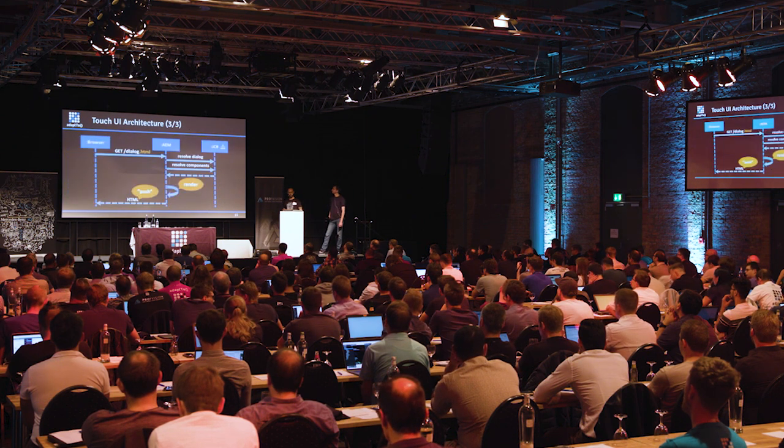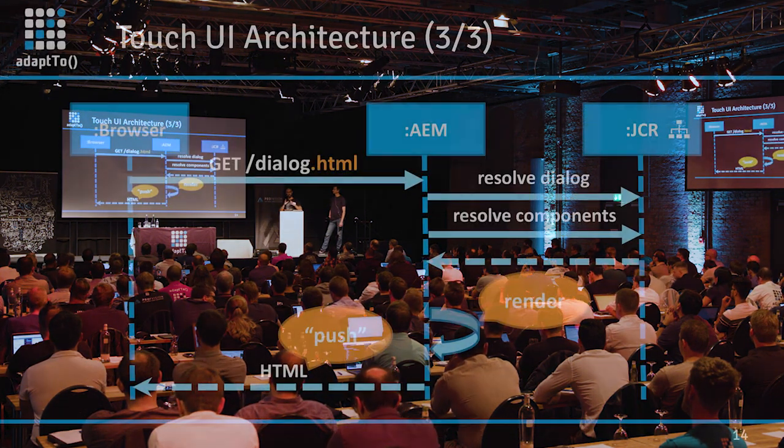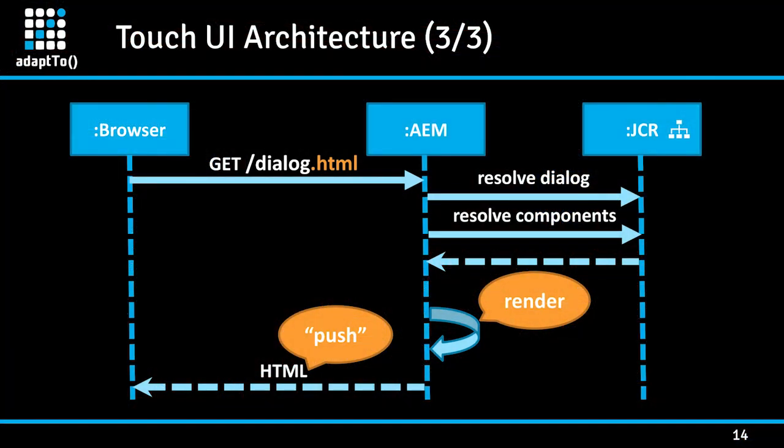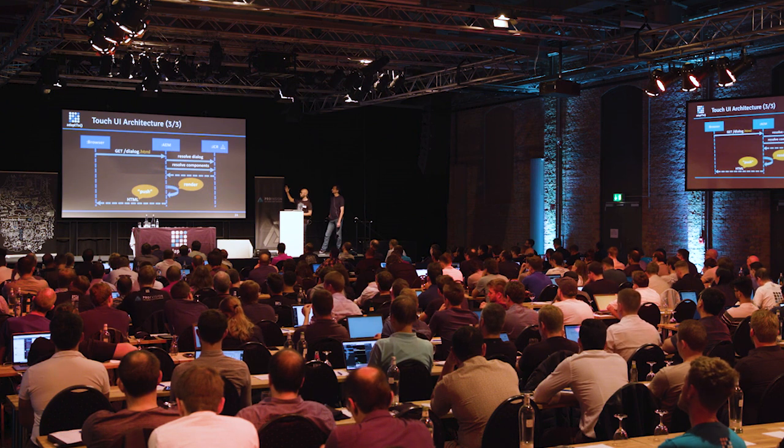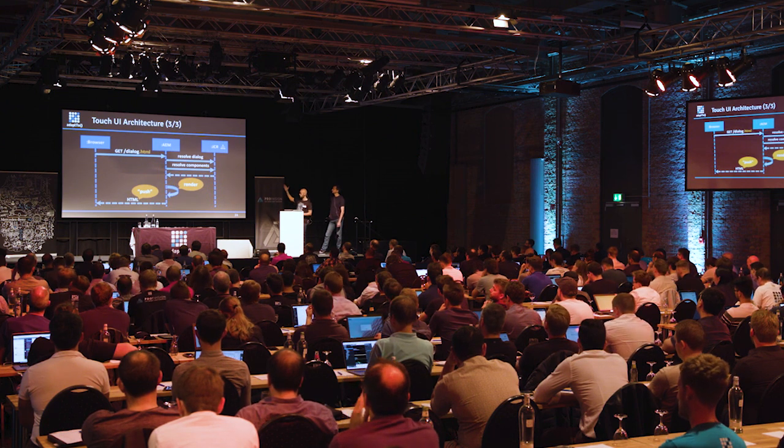And again, the same parallel. How does this push mechanism work? So again, the same 3 actors: our browser, our AEM instance, and the JCR. So again, a GET is made, but in this case, it is a GET made to the HTML. And then the AEM instance is responsible for using Sling mechanisms to resolve not only the dialogs, but also the components.